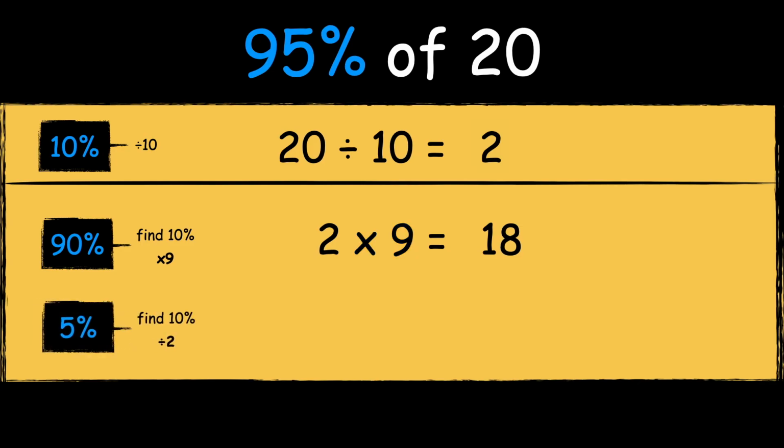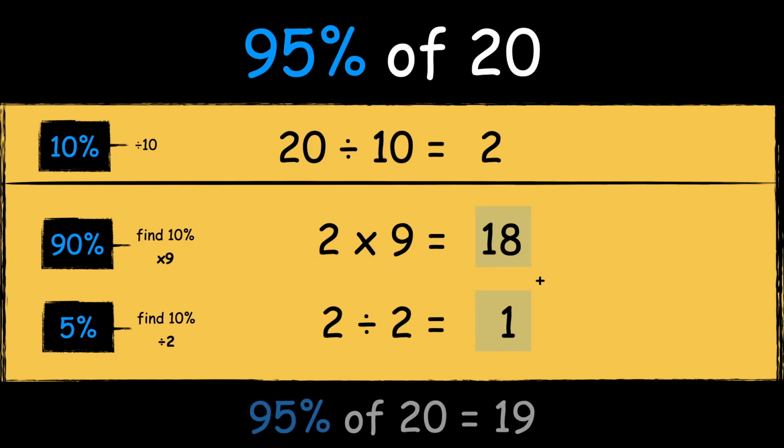Then we need to work out 5% of 20 by dividing the 10% answer by 2. 2 divided by 2 is 1. So now that we have 90% of 20 and 5% of 20, we need to add the answers together to find 95% of 20. 18 add 1 is 19, so 95% of 20 is 19.